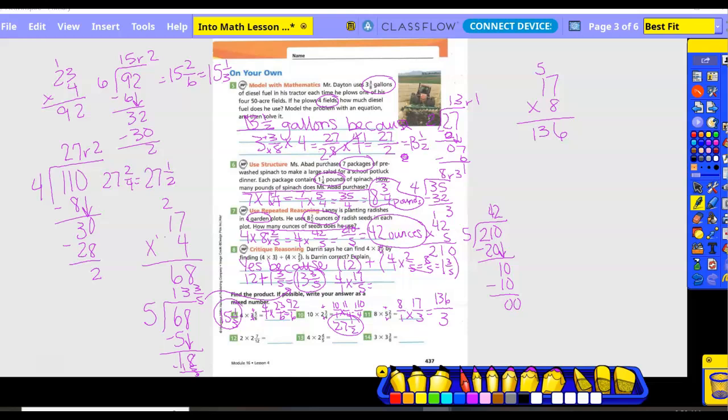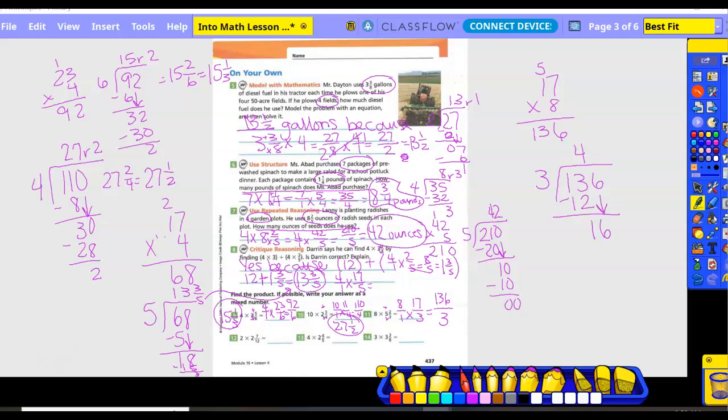So now what do I do? Yep, 136 divided by 3. How many times does 3 go into 13? 4 times. 4 times 3 is 12. 1, bring down the 6.